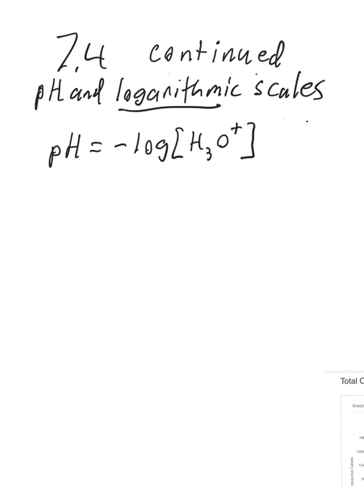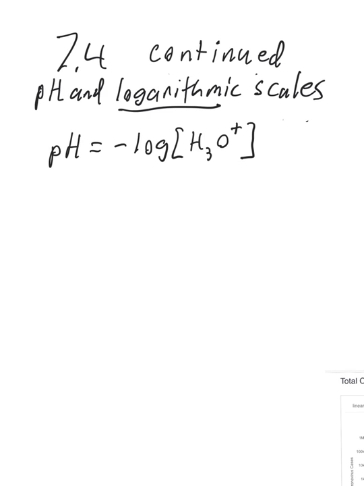In this lecture, we're going to talk a little bit about pH, which is a measure of how acidic or basic substances are, and also, kind of in general, logarithmic scales. pH is one example of what's called a logarithmic scale. So this formula that we've got here, pH is the negative log of H sub 3 O plus.